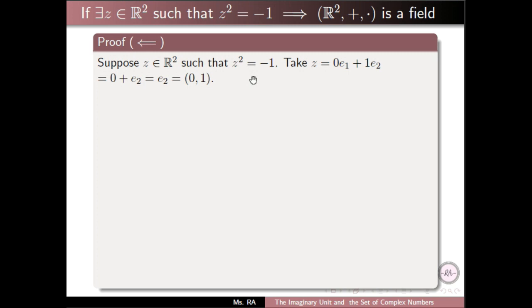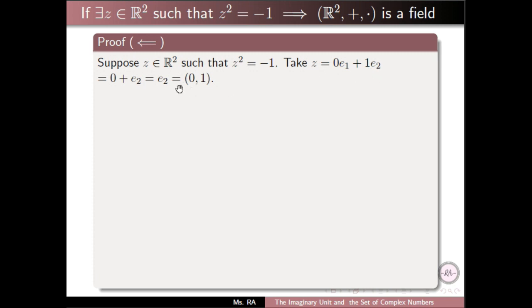We are going to take z to be a linear combination again of the e sub i's, but take the scalar of e sub 1 to be 0, and the scalar of e sub 2 to be 1.